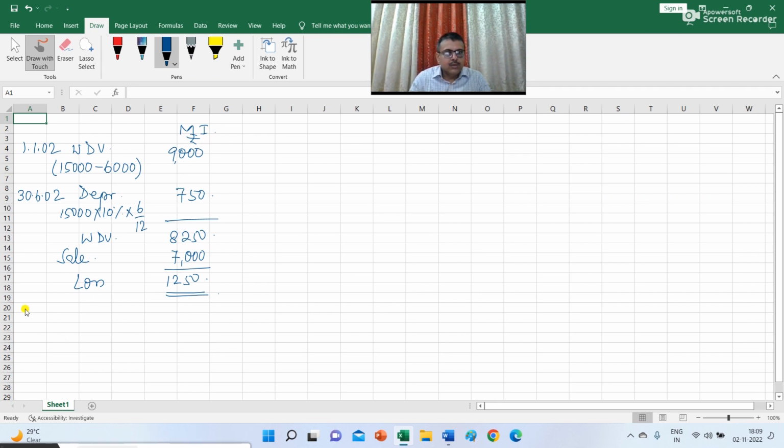Now it is given that on 1st July 2002, another machine was purchased for rupees 20,000. There were no more transactions. So on 31st December 2002, we are going to charge depreciation at the rate of 10%.